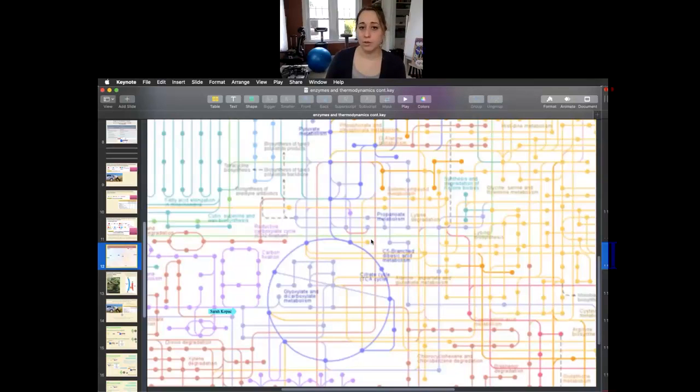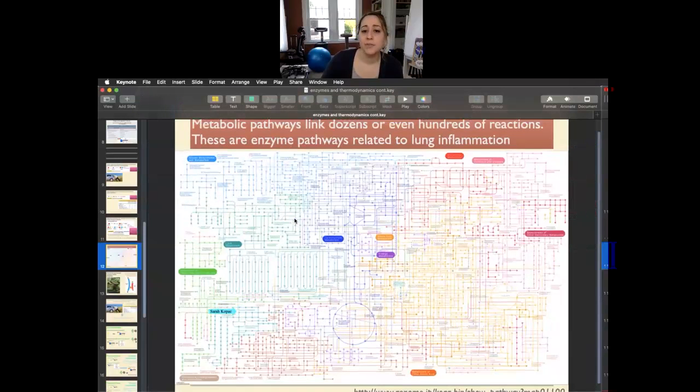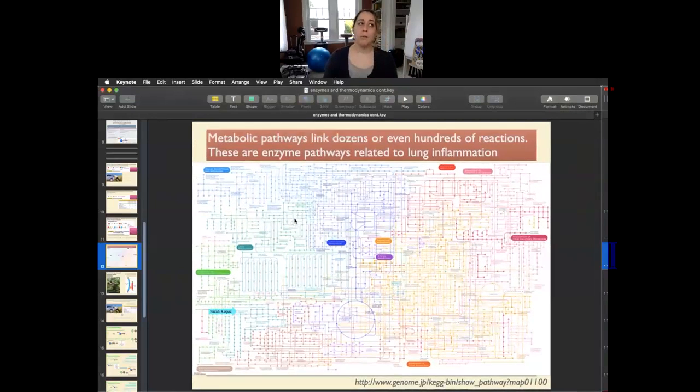But also we have connections to this dot here. So the products could go into this other set of reactions where we're using alanine and lysine, or it connects to this gray line here, which is pyruvate metabolism. So there are lots of different connections, and different reactions in the cell might affect one another.